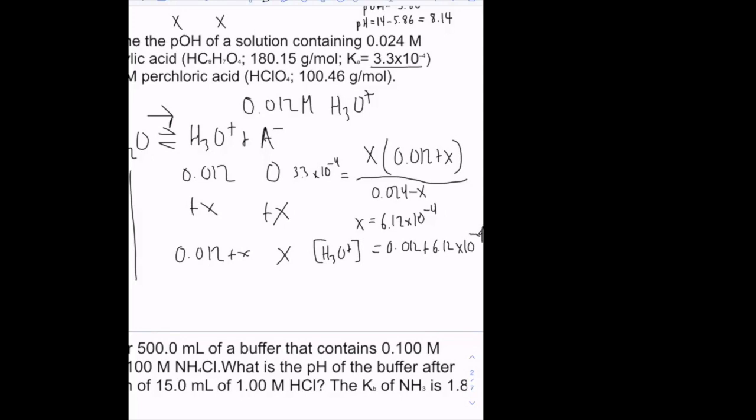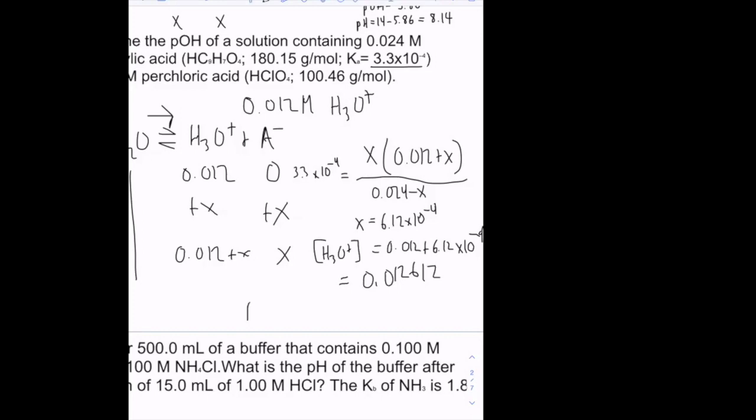This ends up giving us that the concentration of H3O plus equals 0.012612. To find the pH then, I'm going to take the negative log of that.